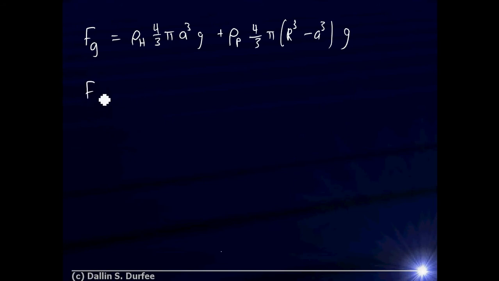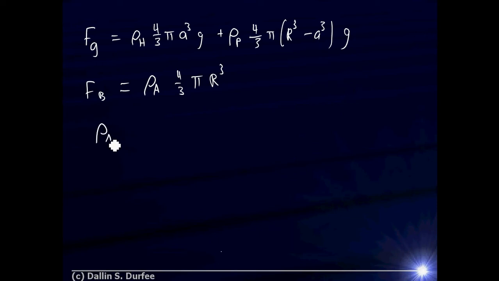What's the buoyant force on our object? Well, the buoyant force is just the weight of the displaced fluid, in this case air. So it's going to be the density of air times 4/3 pi outer radius cubed, right? So now all we have to do is set these two equal to each other.